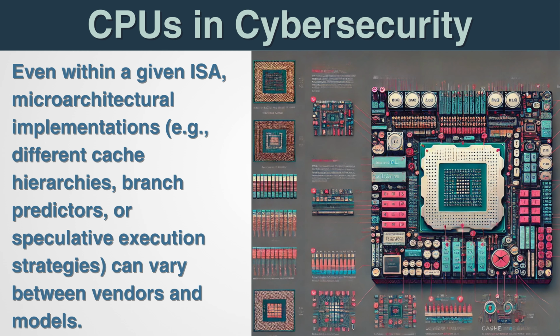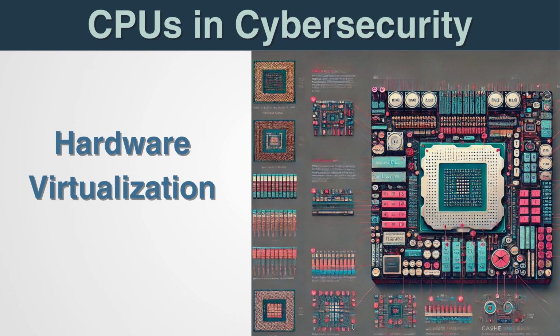With hardware virtualization, technologies like Intel VT-x or AMD-V allow for the creation of virtual machines with near-native performance. Understanding the CPU's virtualization extensions, including how they manage privilege levels and memory isolation, is critical when assessing risk in multi-tenant environments like cloud services.